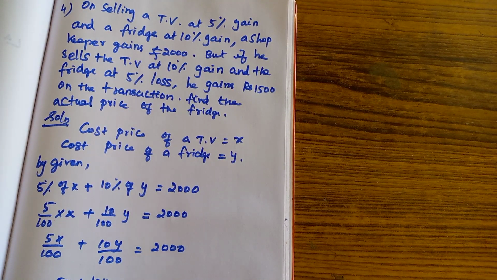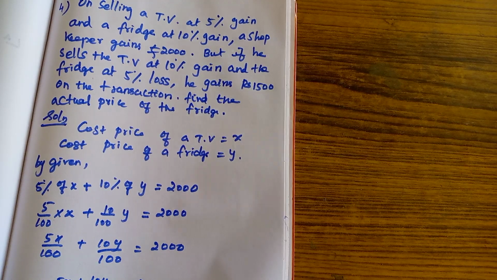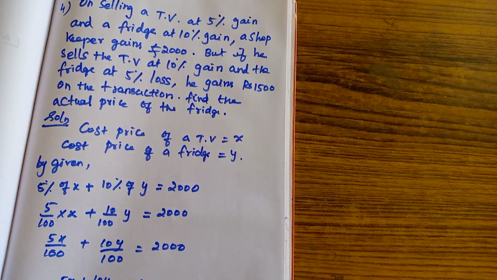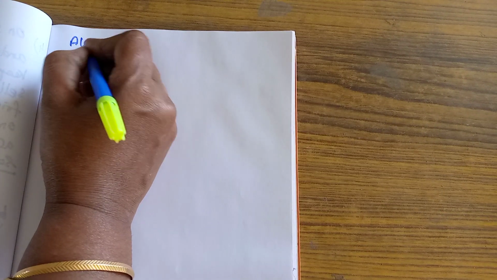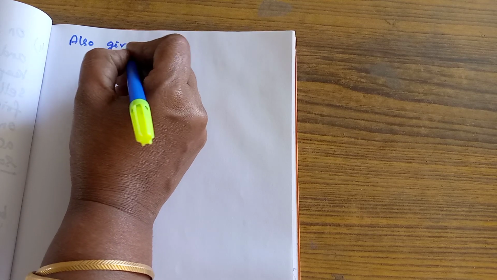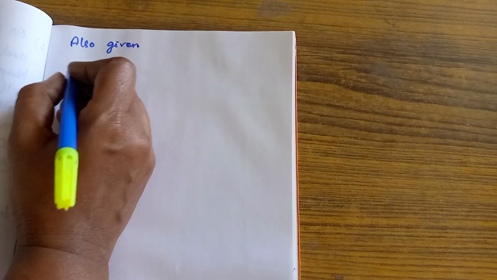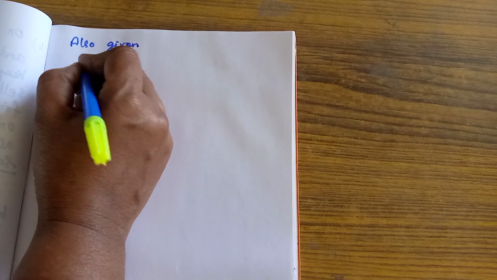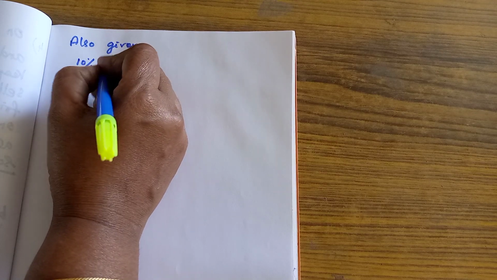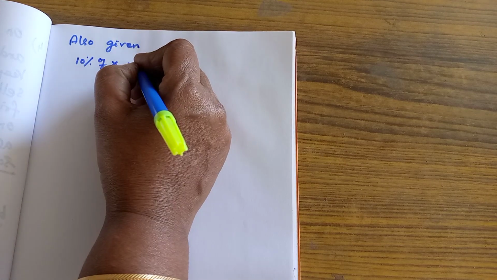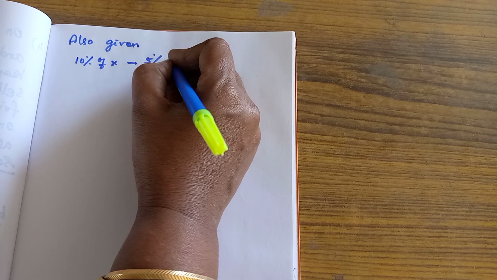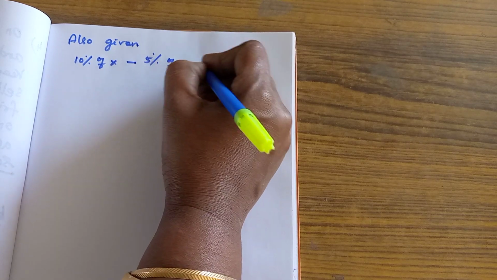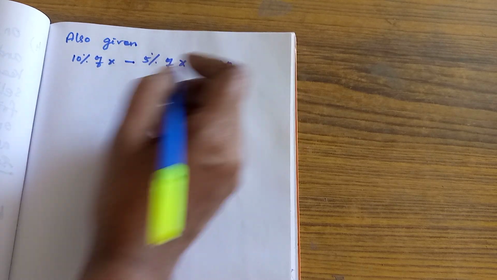So the condition comes: 10% of x minus 5% of y is equal to 1500.